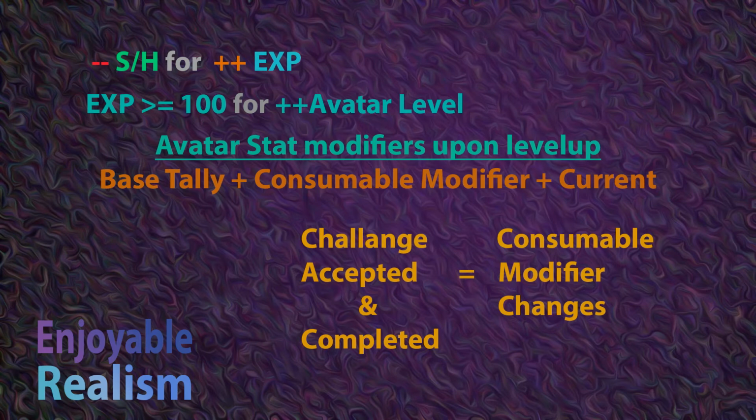For permanent changes to occur, a measurement is needed in the form of experience points, avatar level, and stat tally. As current value of satiation and hydration decrements within the optimal threshold between 0 and +50, the amount of experience stored by the avatar will increment.